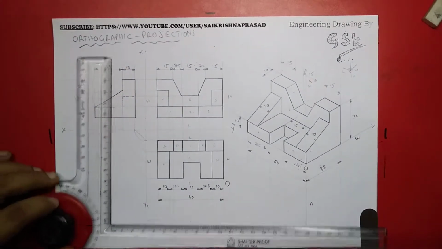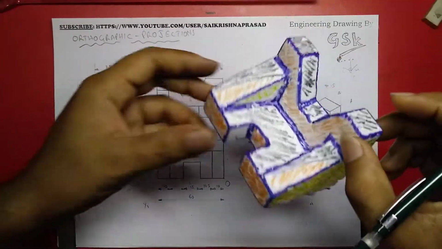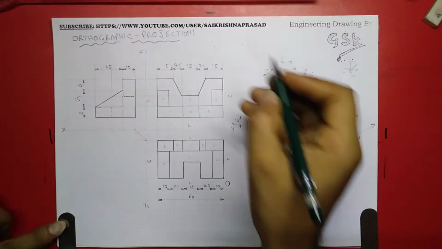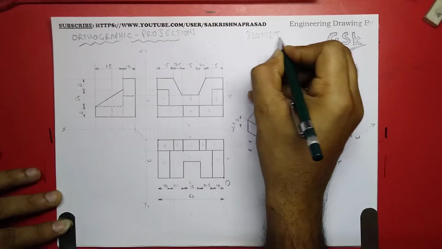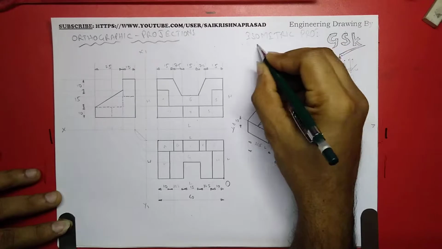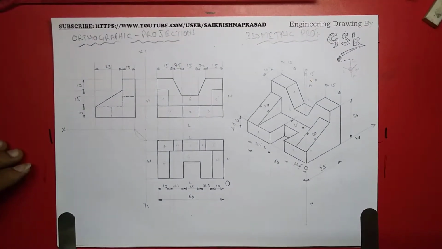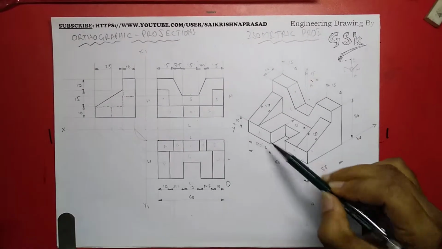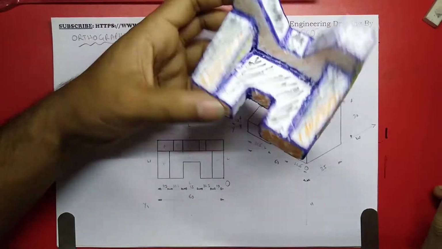So in this manner we can finish off the isometric projections and orthographic projections of this object. Here, this is the isometric and this is the orthographic of this object.